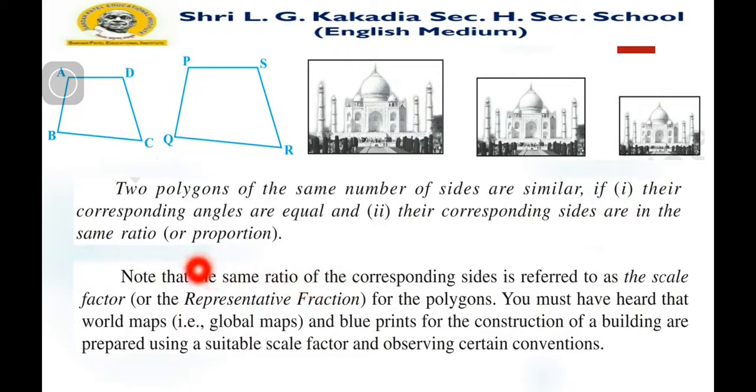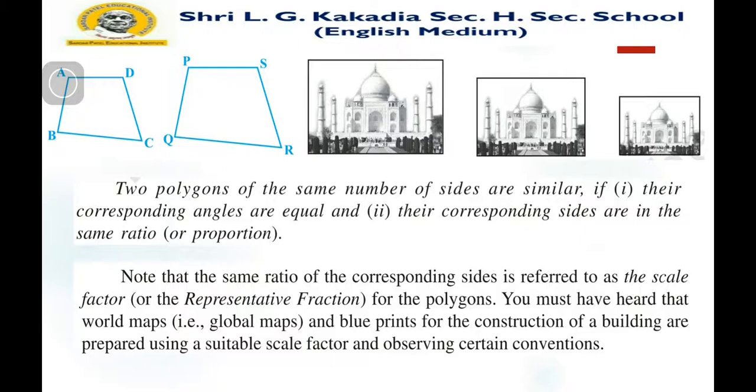For polygons, you must have heard that world maps and the blueprints for the construction of a building are prepared using a suitable scale factor and observing certain conventions. So let us consider one more example so that we can understand the similarity of any triangle, circle, or any given shape.